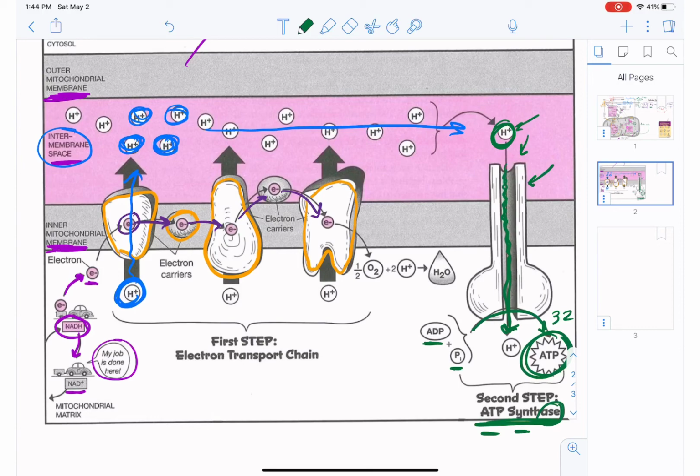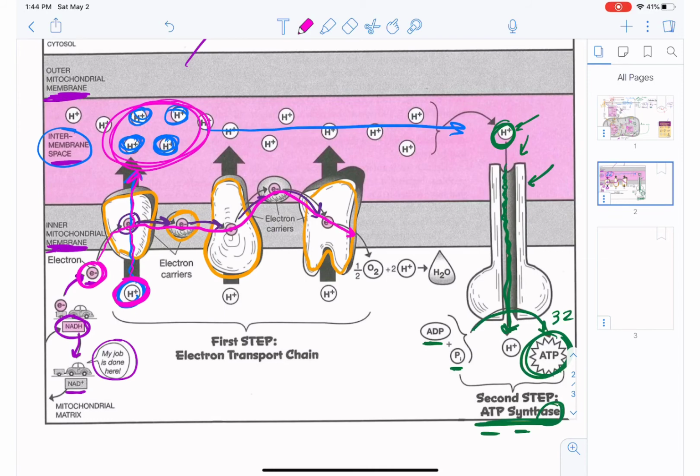And just to recap, we're taking electrons that were dropped off by the electron carriers. Those electrons are shuttling through the electron carriers. And as they do, that's allowing these electron carriers to move hydrogen against their concentration gradient from an area of lower to higher concentration. So now we have a high concentration of hydrogen.